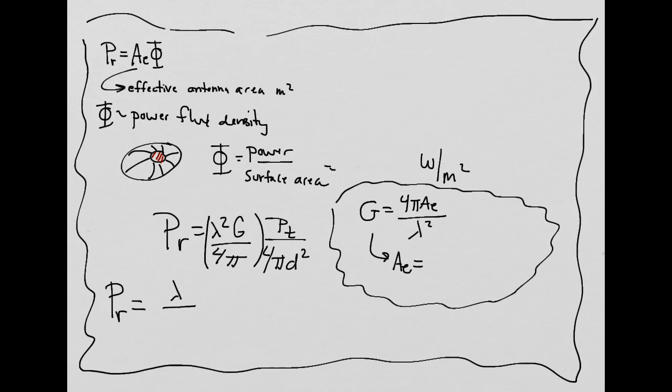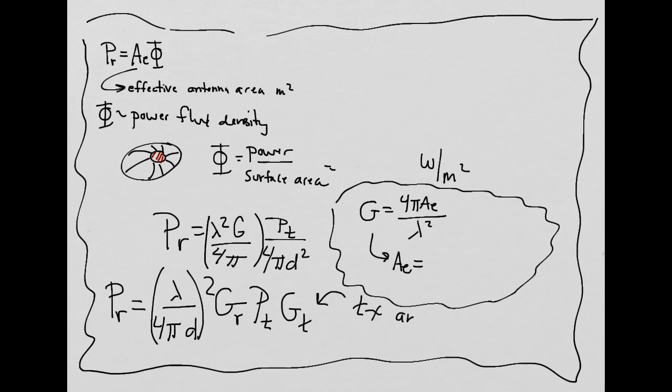So we have our lambda, there are two 4 pi's in that equation, and a d, and this whole thing is squared. Then we have our G and our PT. Now this G is actually the gain of the receive antenna. If we also have a transmit antenna gain, so it's not isotropic, we need to account for that. So there's our TX antenna gain. You just throw it in there.